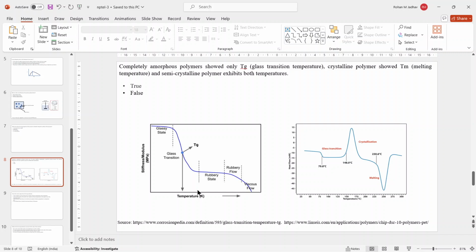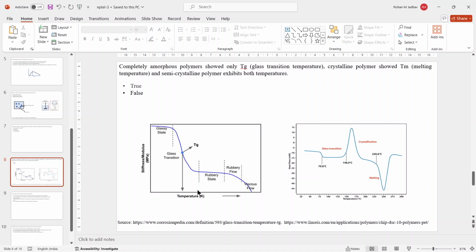The only distinction between the amorphous and the crystalline polymers happens because the semi-crystallinity is distributed over a range, as in some polymers will have 80% crystalline structure and 20% amorphous, or it might have 80% amorphous and 20% crystalline.